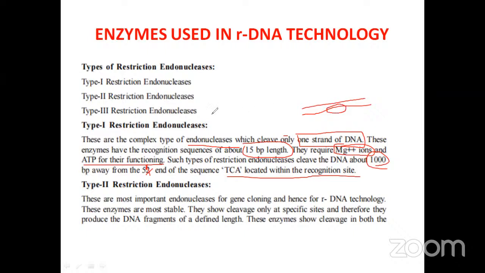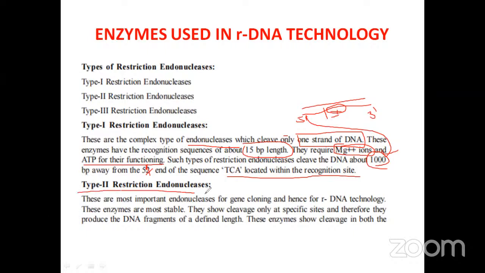After attachment, the DNA polymerase 1 cleaves almost 1000 base pairs away. This is the 5 end, this is the 3 end. This cleaves away from the 5 end; from the 5 end to the cleavage site, 1000 base pairs are present. So this is the type 1 function.